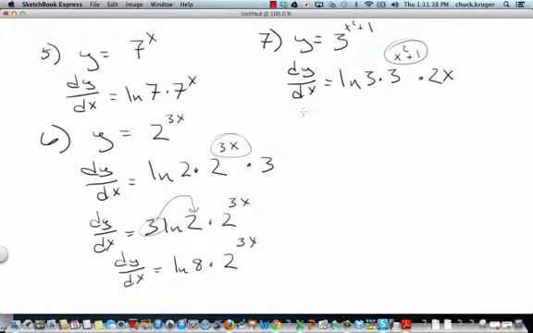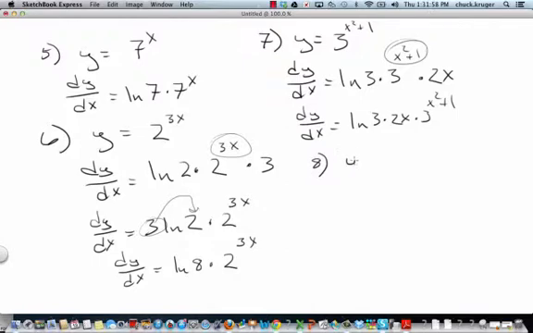So I think I could just leave that as my answer. Sometimes you see it written in this form: the natural log of 3 times 2x times 3 to the x squared plus 1. Number 8 is an interesting problem.